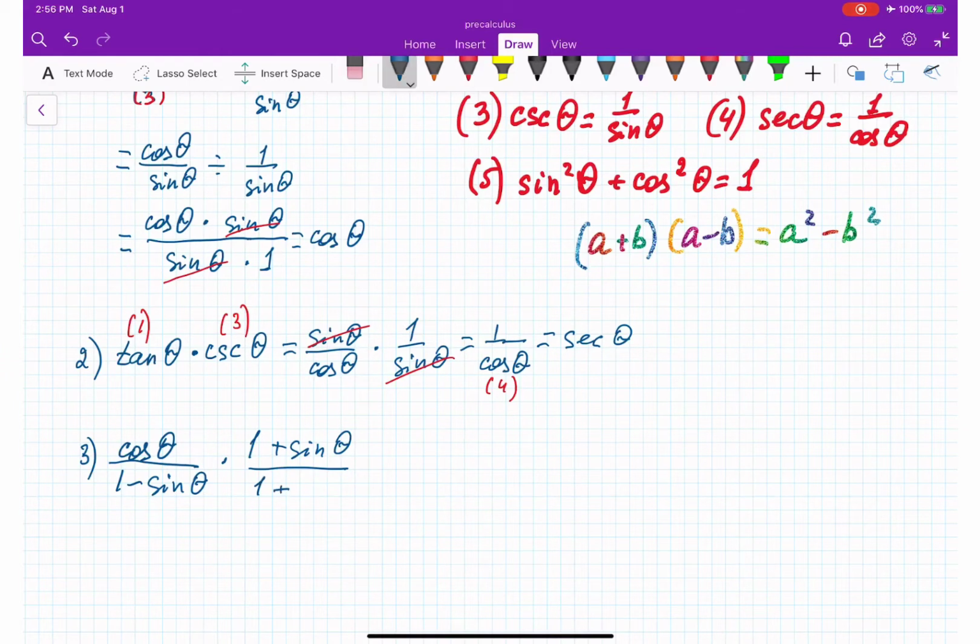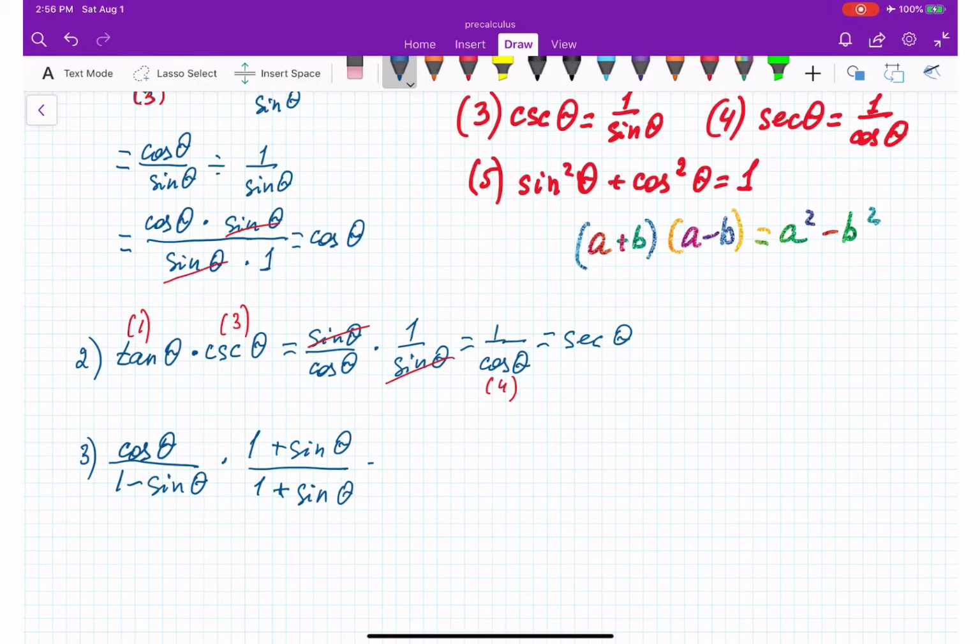Don't be surprised that you see on the top also 1 plus sine theta and at the bottom also 1 plus sine theta. So numerator and denominator have the same, that's fine. So let's multiply, see what we are going to get here.